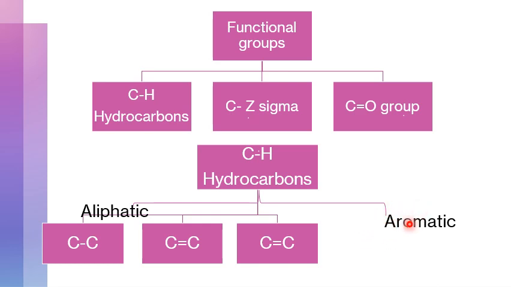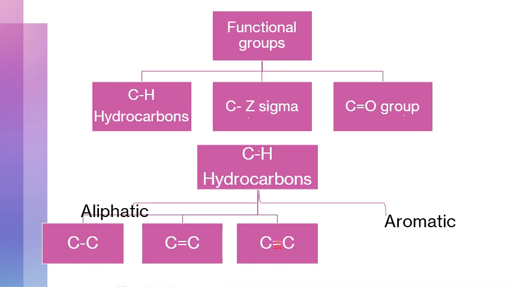It gives certain odor-forming compounds. And under aliphatic, we are learning 3 classifications again: carbon to carbon single bond, carbon to carbon double bond, and carbon to carbon triple bond. So these are the classifications in general.